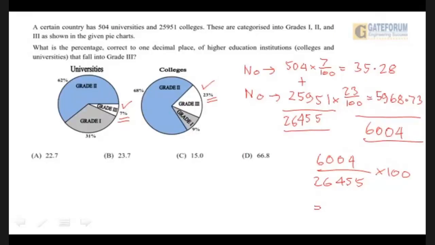I am doing likewise. The percentage value is 22.69. To one decimal place it would be 22.7, and it's as accurate as it can be. Right? I hope everybody understood this. This was a calculation-intensive data interpretation that we gave. Right? Let us move on. I hope everybody has understood.